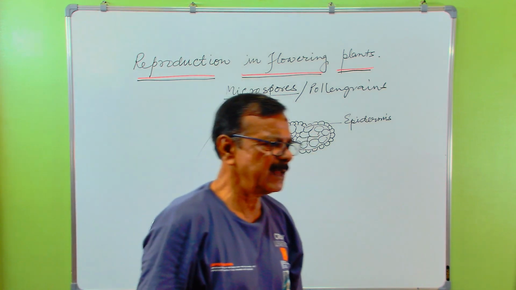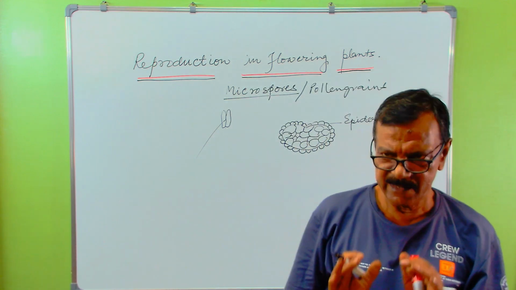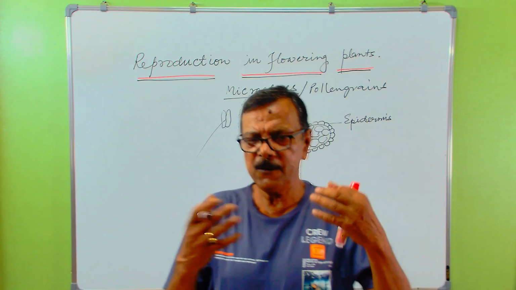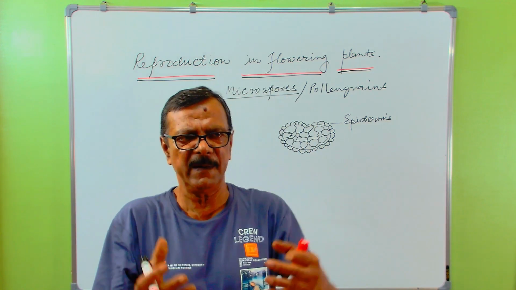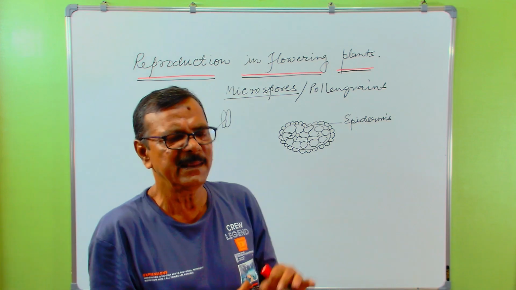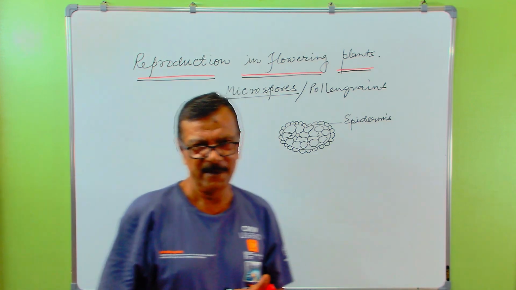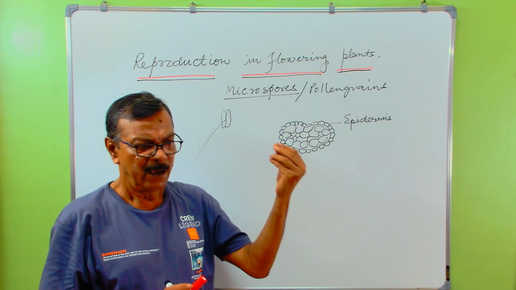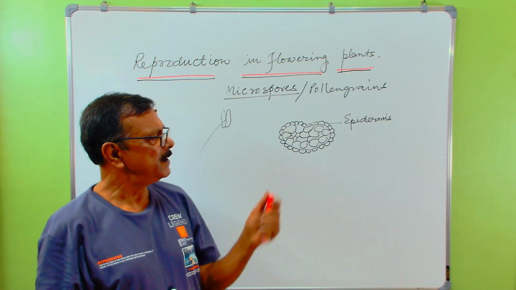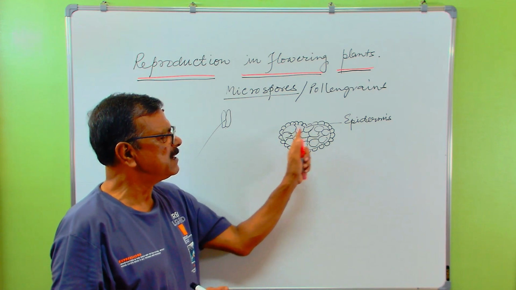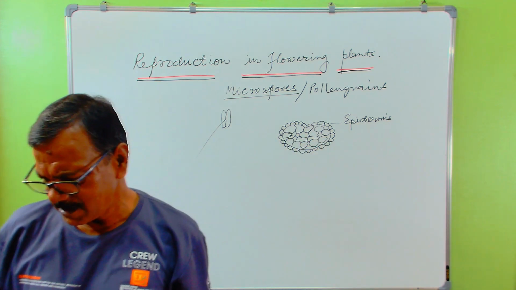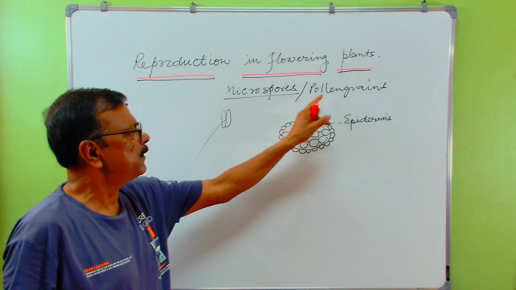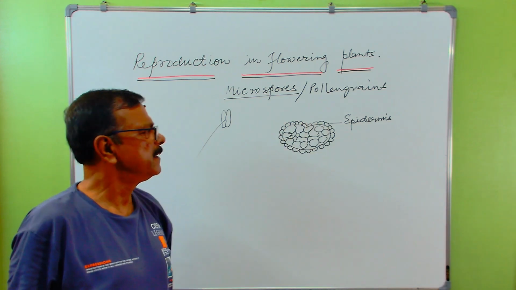What are meristematic cells? Meristematic cells are the cells which divide rapidly.